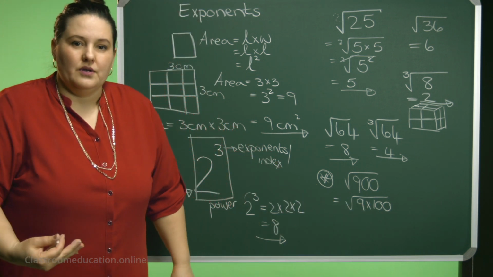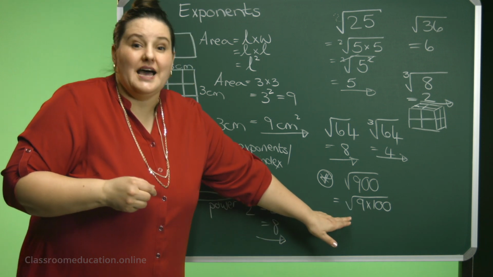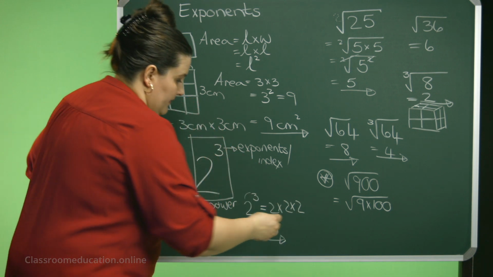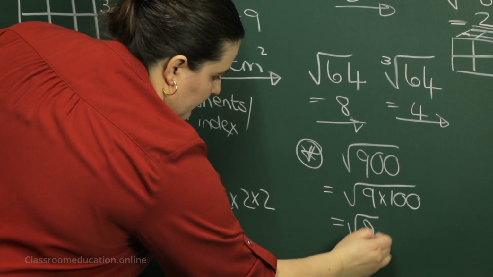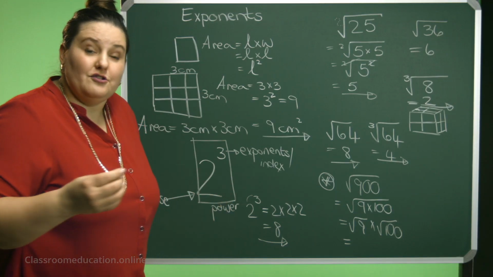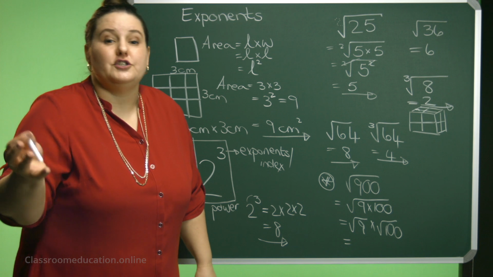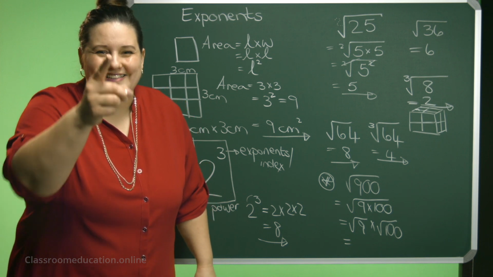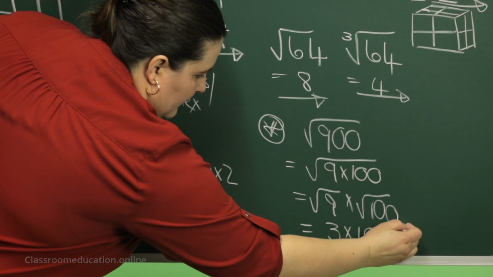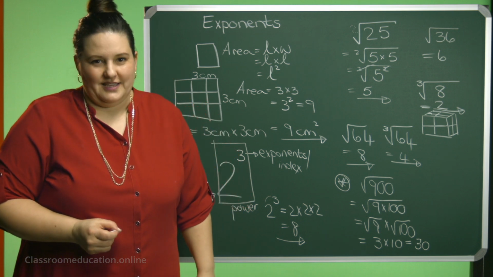Now you can also say that I have the square root of 9 times the square root of 100. And can you determine the square root of 9? Yes, it's 3. Can you determine the square root of 100? It's 10. And I will have an answer of 30.